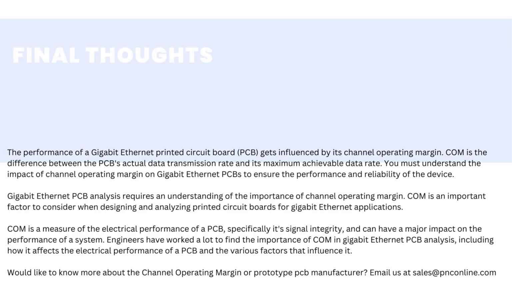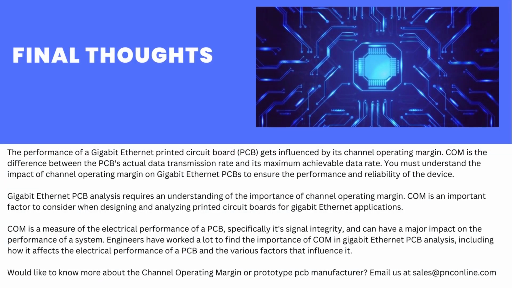Final thoughts: the performance of a Gigabit Ethernet printed circuit board, PCB, gets influenced by its channel operating margin. COM is the difference between the PCB's actual data transmission rate and its maximum achievable data rate.